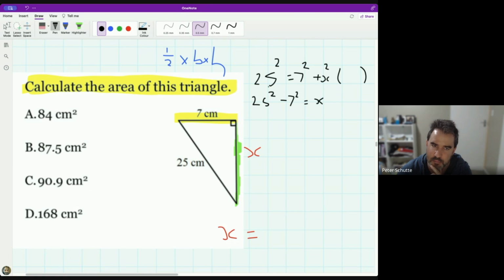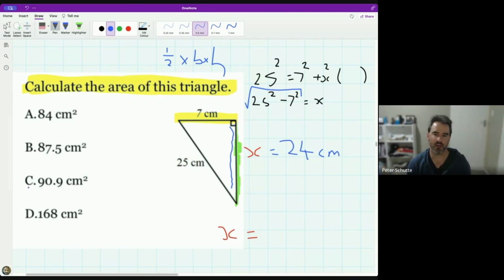But you know what? I'm just going to square root both sides, and then I would get that. And Shimtanda and Onalena have confirmed that's 24. Okay, if this is 24, which of the 4 options here is going to be the correct answer? Which of the following is the area of this particular triangle?